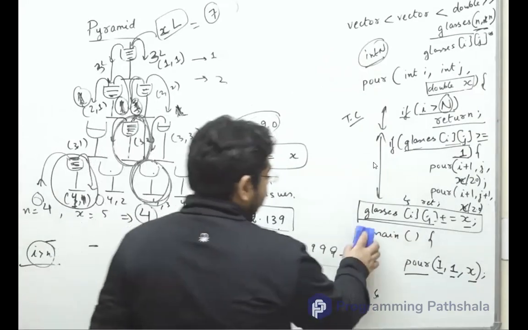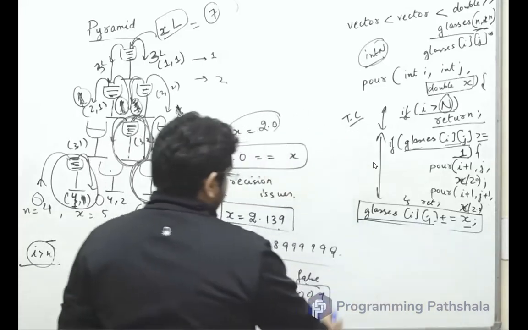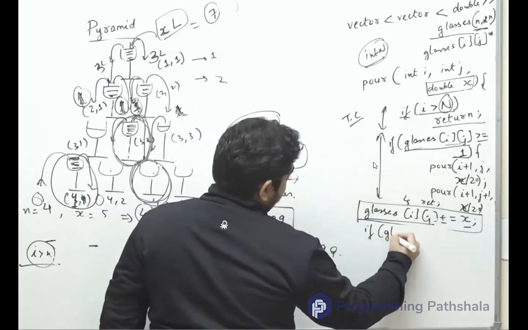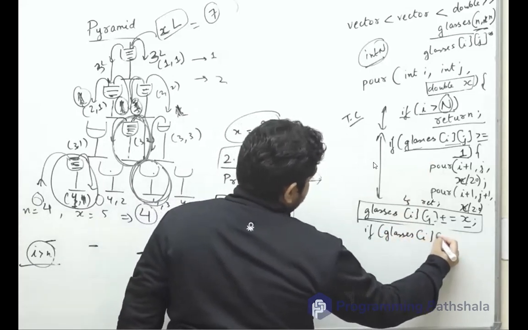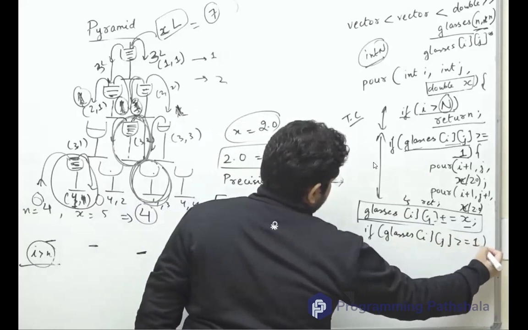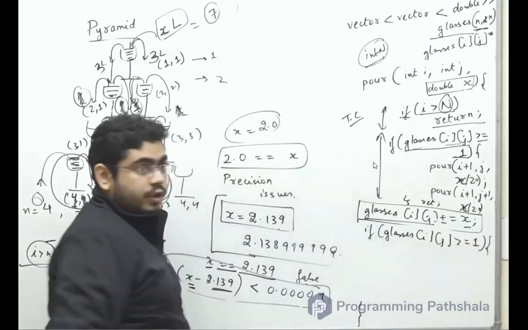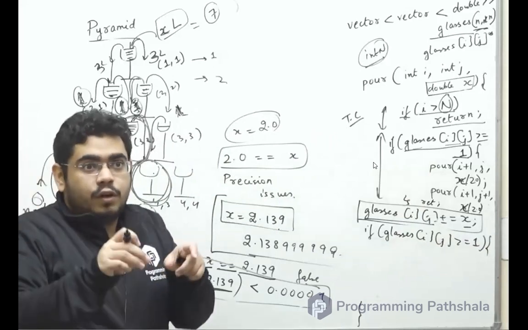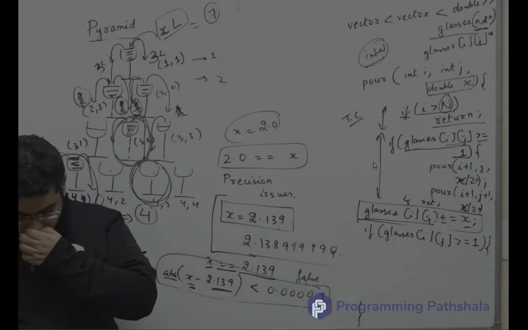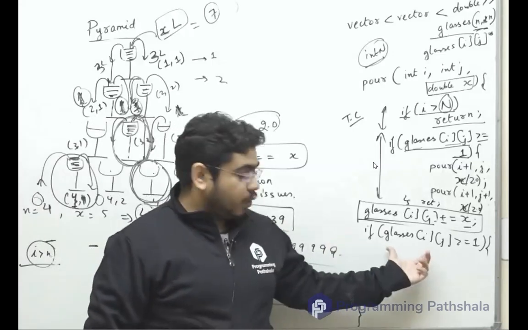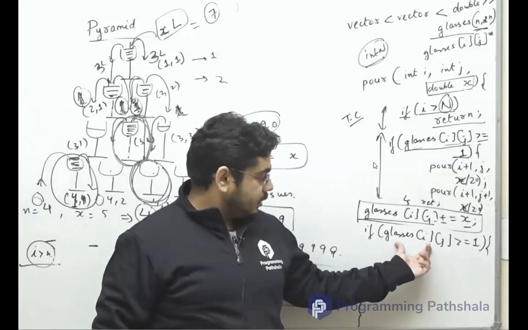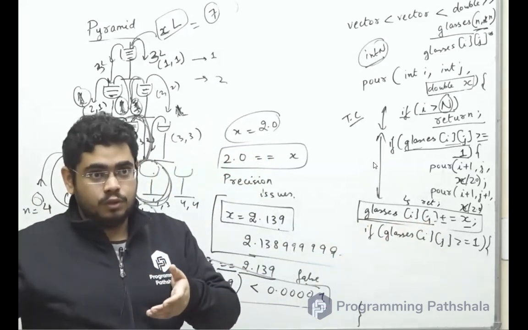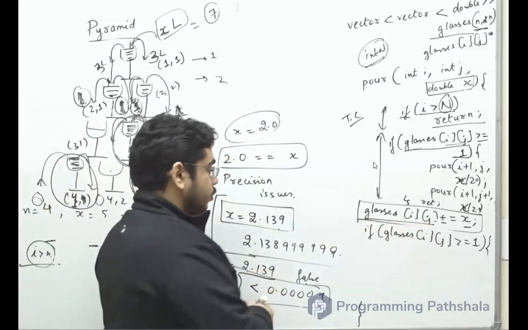Now, if the glass has become full, what should I do? I should pour the overflown part on both the sides. What should my recursion be? Whatever was overflown is whatever the value is minus 1, that is the one that will overflow, and half of it you will pour on both the sides.